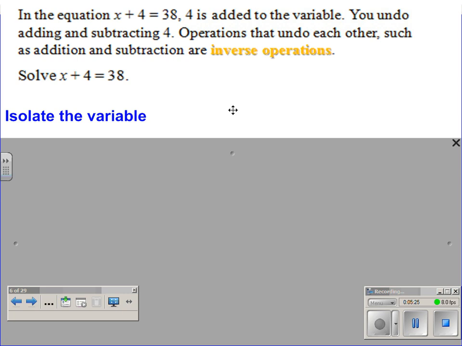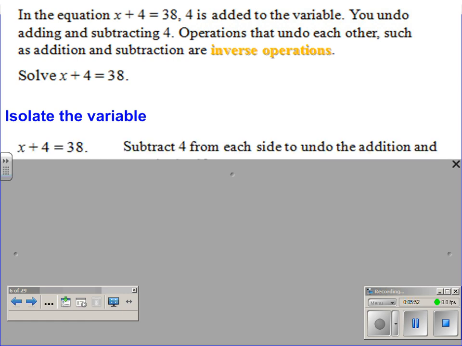Isolate the variable means we want the variable all by itself on one side. When isolating the variable, you want to evaluate what you are going to do next, and try to make it as much as possible that the variable is not negative. It works if the variable is negative. You would just prefer not to have it negative.